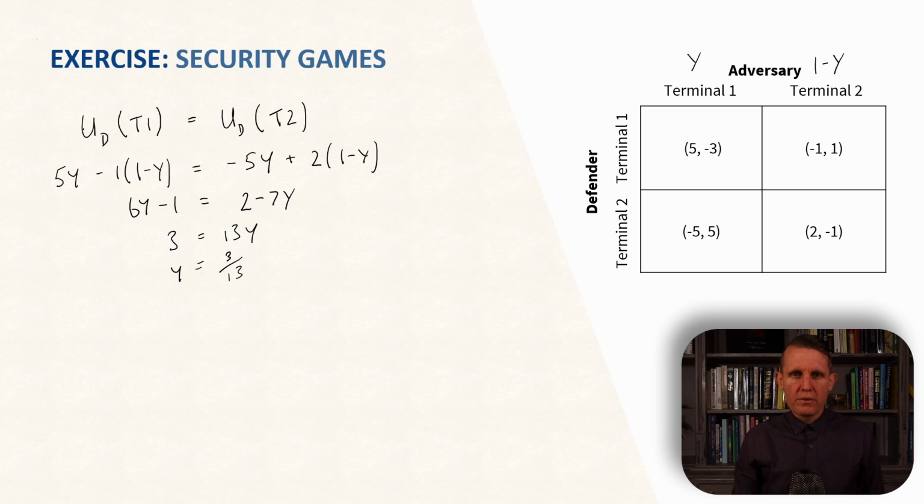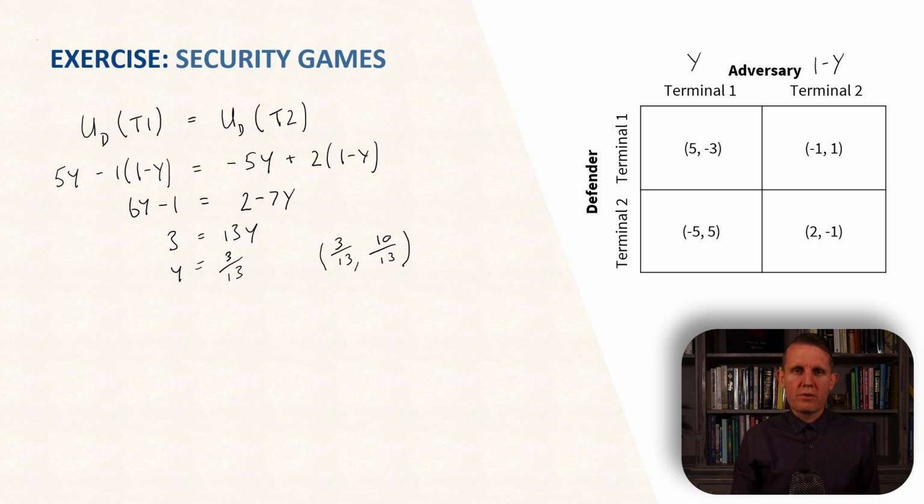So therefore, the mixed strategy for the adversary that makes the defender indifferent between defending Terminal 1 and Terminal 2 would be 3 on 13 and 10 on 13 for Terminal 1 and Terminal 2 respectively.